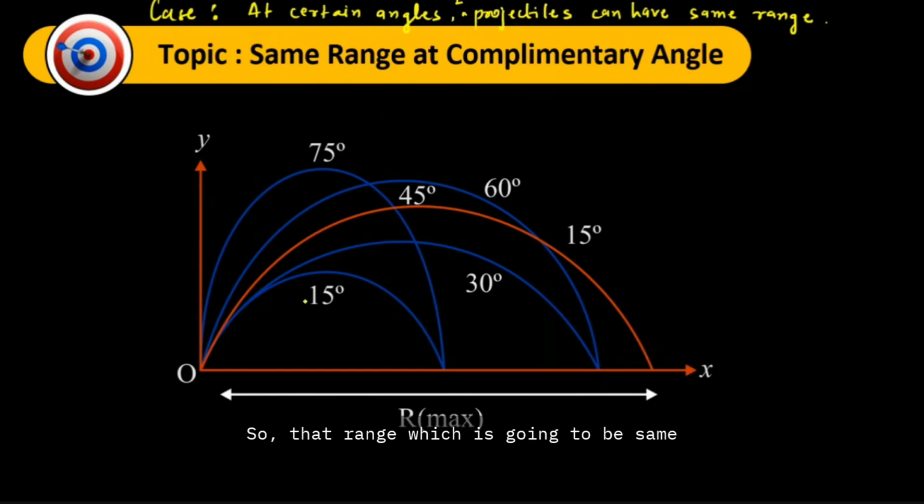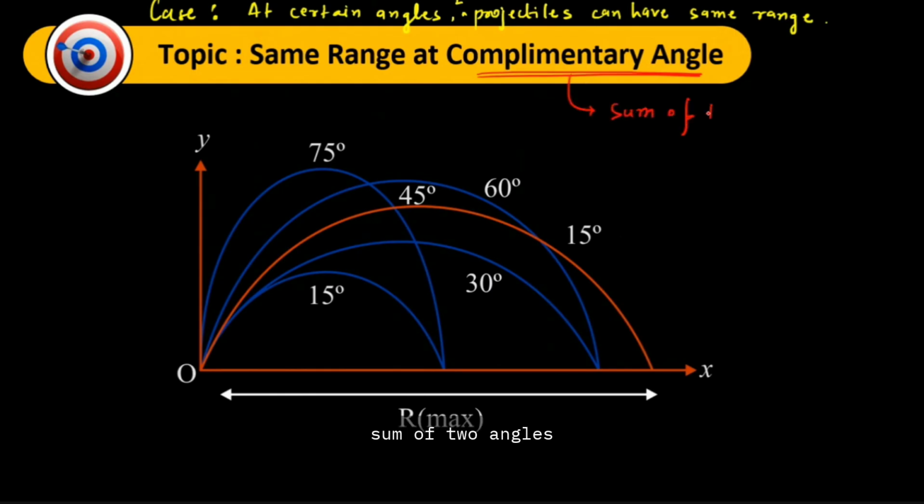That range, which is going to be the same, will be the same at complementary angles. What are complementary angles? Angles that combine to make 90 degrees. So we can say the sum of two angles is 90.